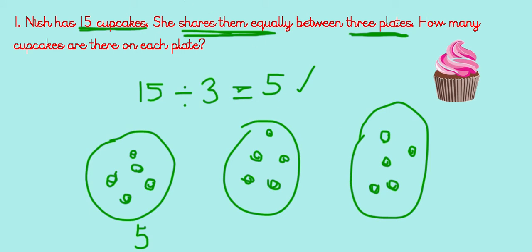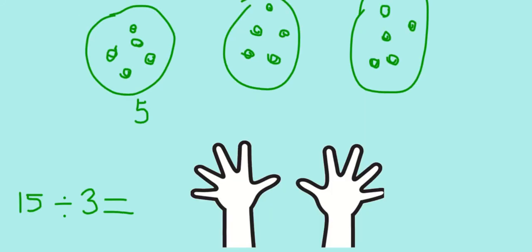Now, you could do that, which is great, to draw your groups to help you. Or if you're wanting to be a bit quicker, you could use your fingers. Let's have a look and see how we do that. Now, to use our fingers, we need to know how to count in 3s, don't we? We're going to count in 3s until we get to 15. And then we'll know how many groups we needed.